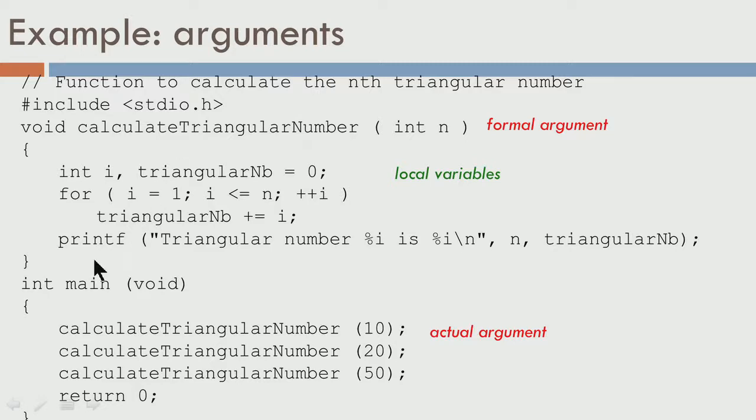Once the function returns, you can treat them as variables that are dead. So, the life of the variable is only between the function's first line and the function's last line. These variables and the formal parameters are dead otherwise.